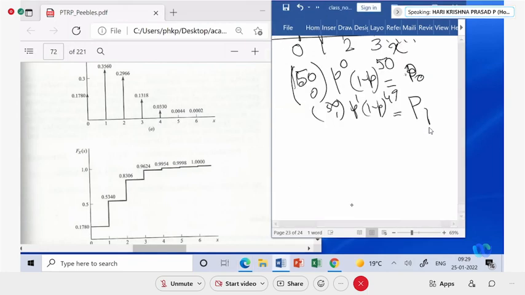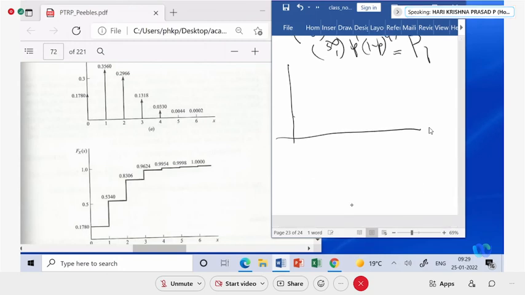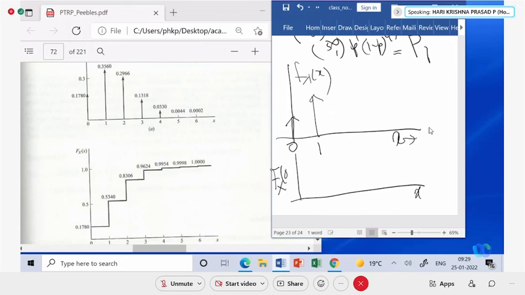Say there is an impulse at x equal to 0, and an impulse at x equal to 1. This is the density function. How do I get the step function, the distribution function F(x)? This is a0, this is a1, this is a2.